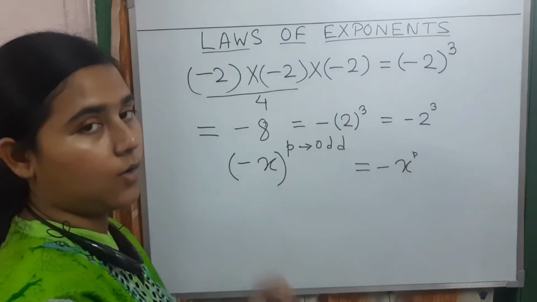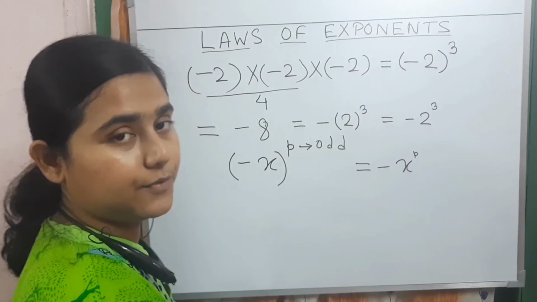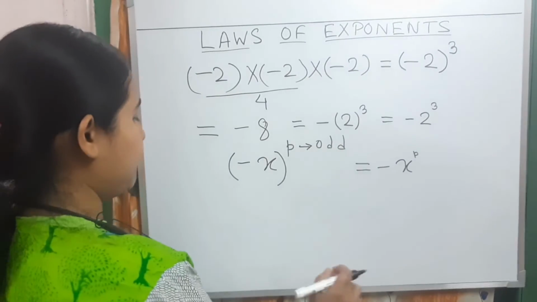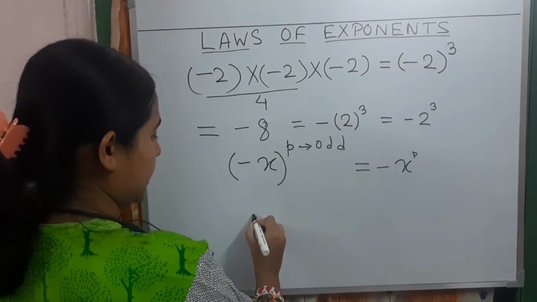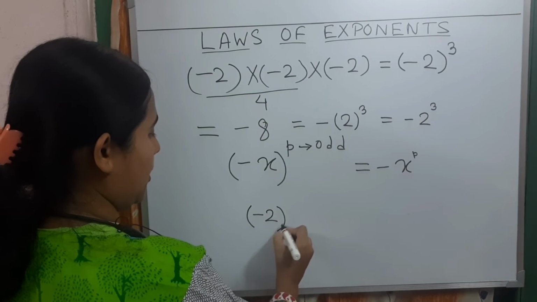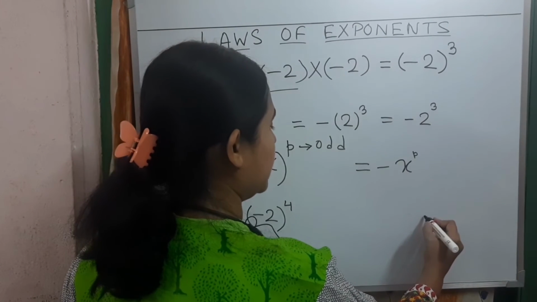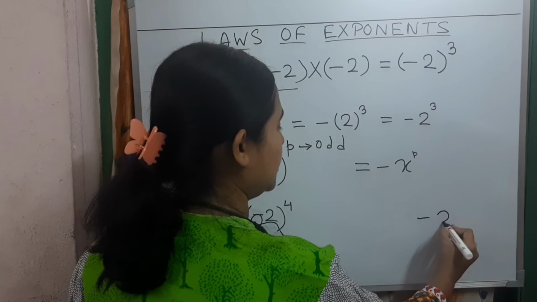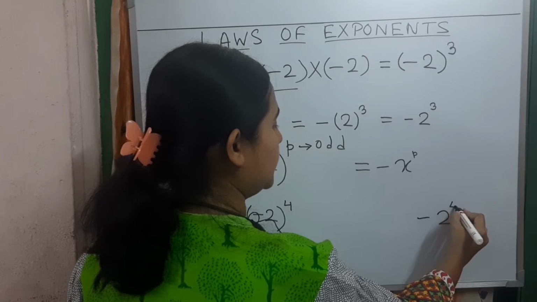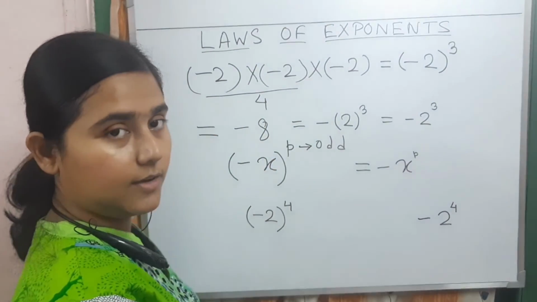Okay. Now the most important thing where students get confused is that suppose I give you a question like minus 2 whole to the power 4, and another question like minus 2 to the power 4 without the bracket. Would they be equal?